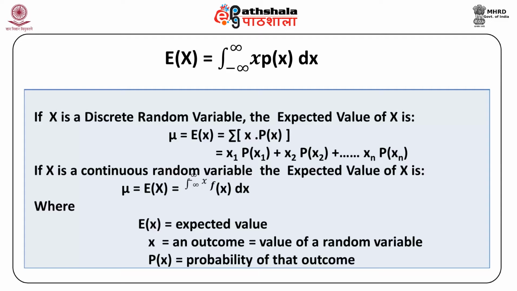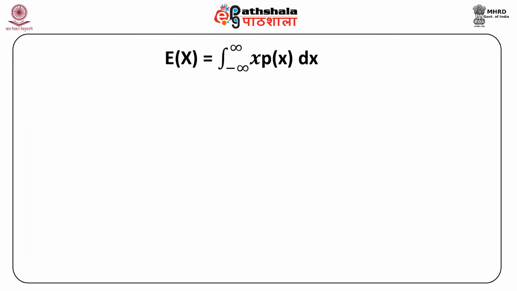Similarly, if X is a continuous random variable, the expected value of X is mu is equal to expected value of X and is now equal to integration from minus infinity to infinity x f(x) dx, where E(X) is the expected value of X, x is an outcome value of a random variable, and P(x) is the probability of that outcome.